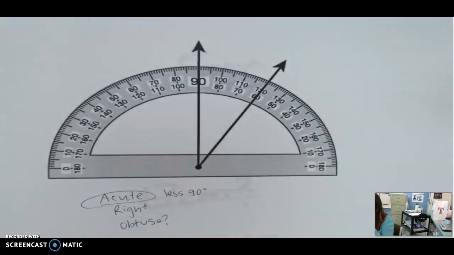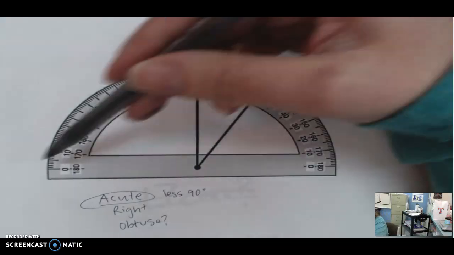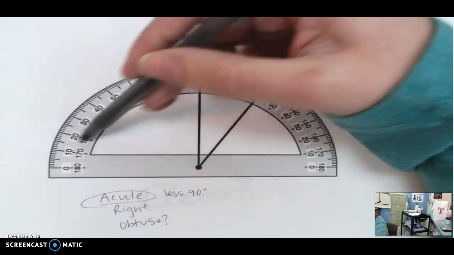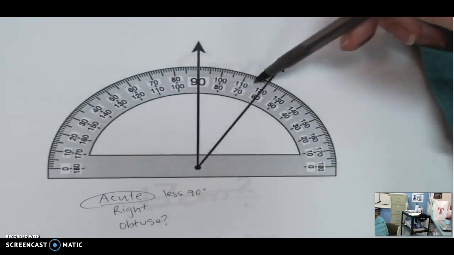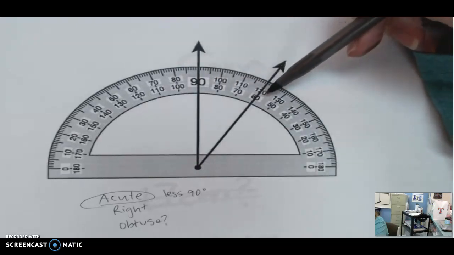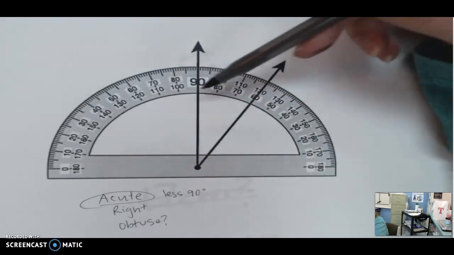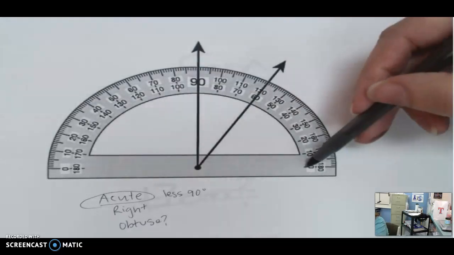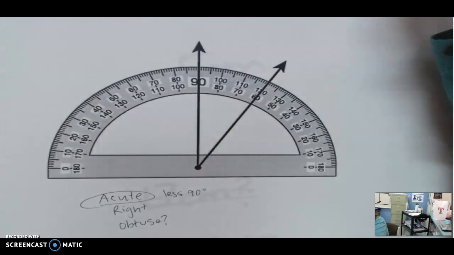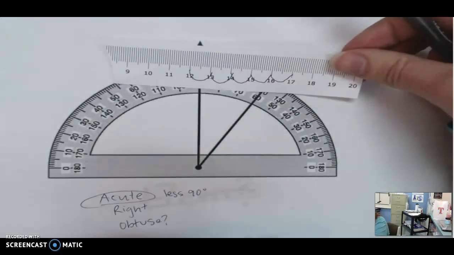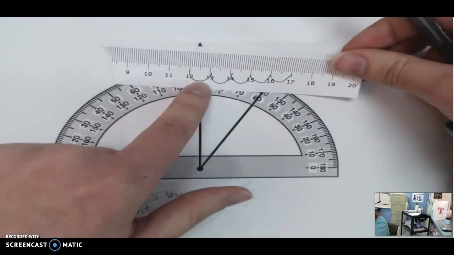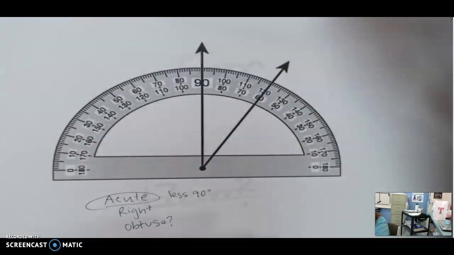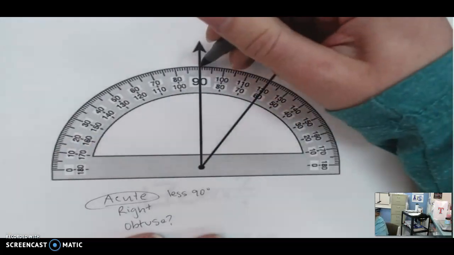Well, now let's take a look. It's not starting at 0, so I can't look at these numbers and say, oh, this is 120 degrees, or this is 60 degrees, or this is a 90-degree angle. It's not going to work that way because it's not starting at 0. So what we're going to do, just like what we had to do with the paper clip when we went 1, 2, 3, 4, 5, we're just going to use this as a number line and count on.